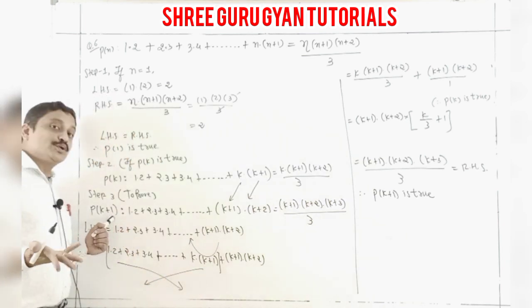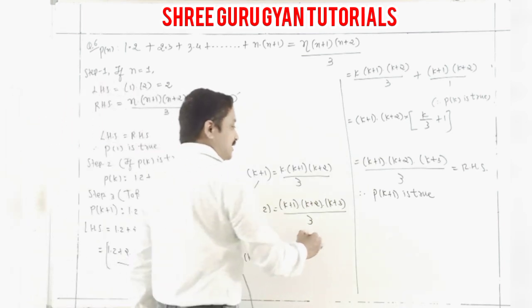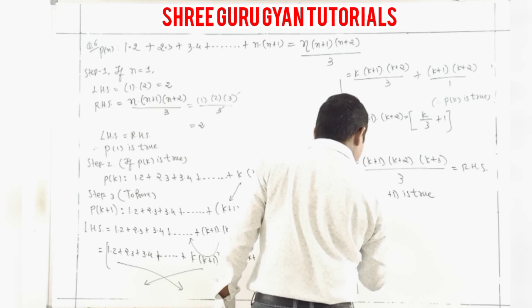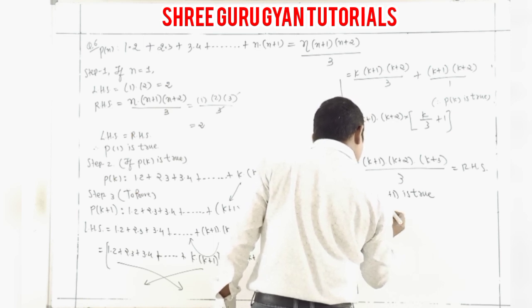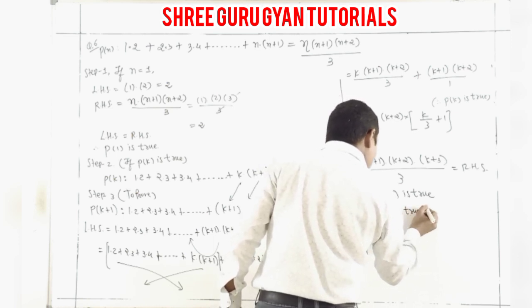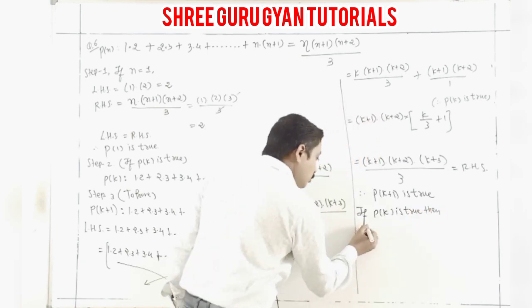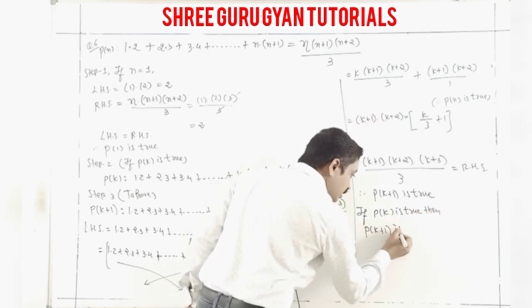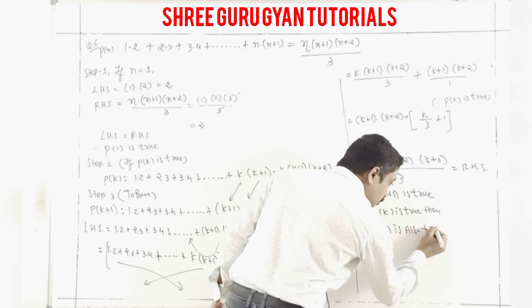To prove over. So last, write down: if P(k) is true, then what do you prove? P of k plus 1 is also true.